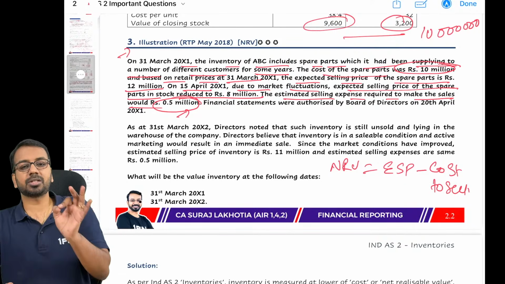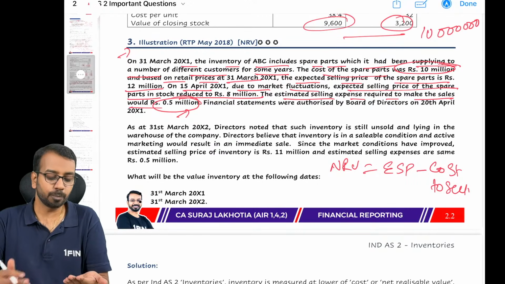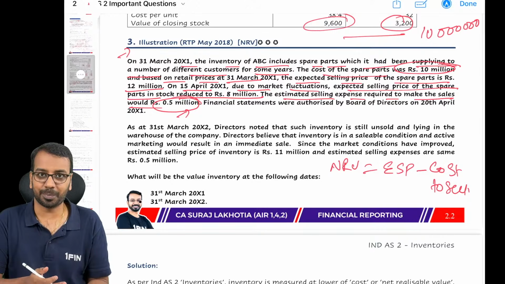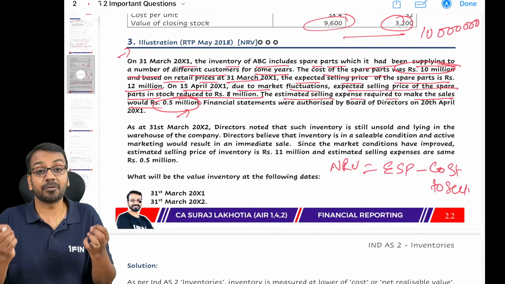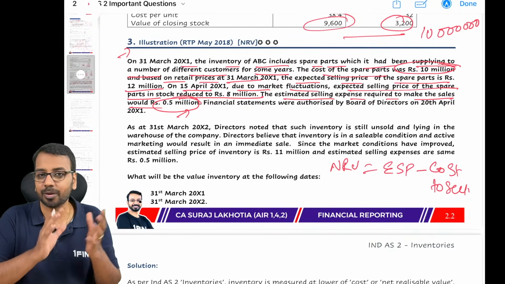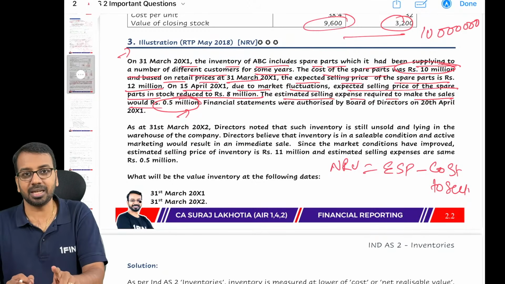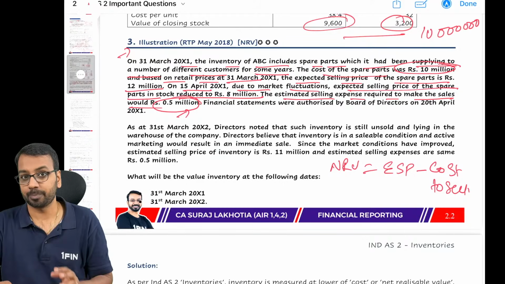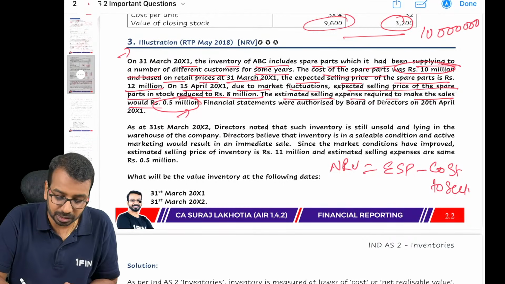Now that depends on an assumption as to whether the actual selling price on 15th of April gives me additional information of conditions existing on the balance sheet date. If the answer is yes, then of course we will take 15th April as the value. If the answer is no, we will take 31st March.